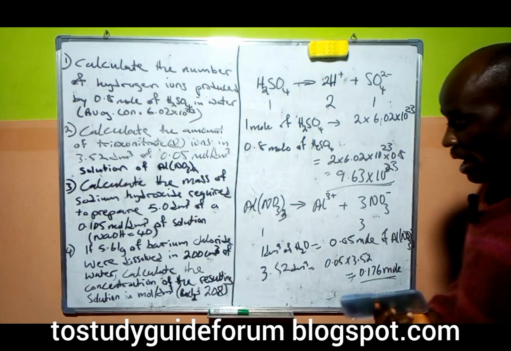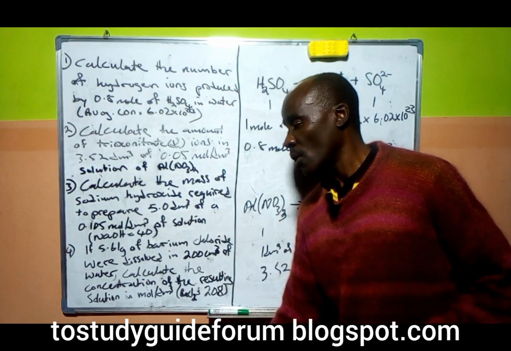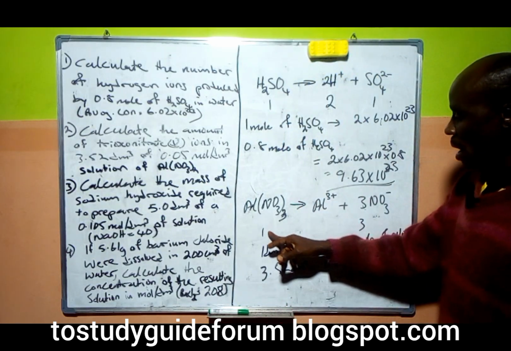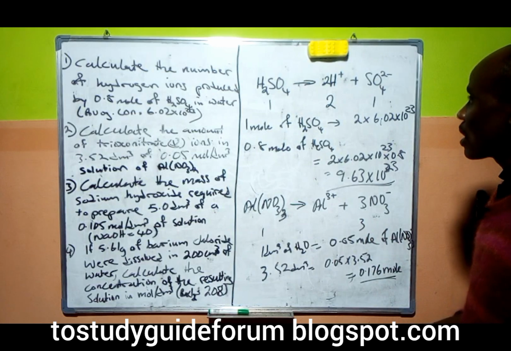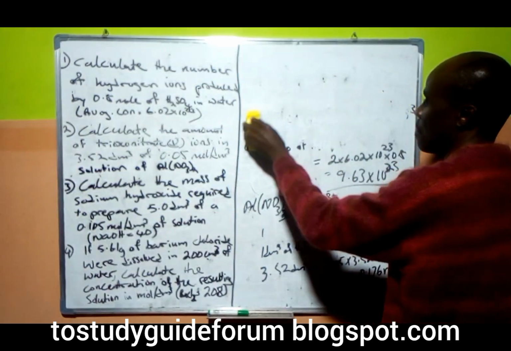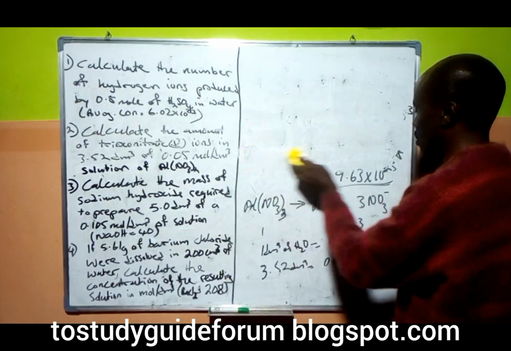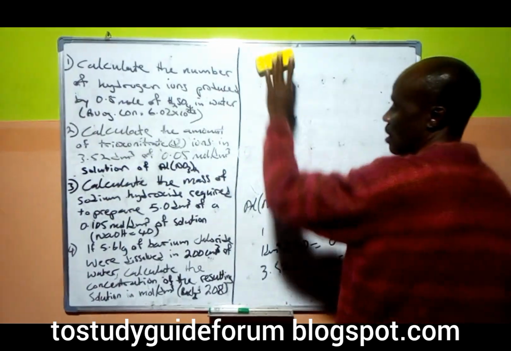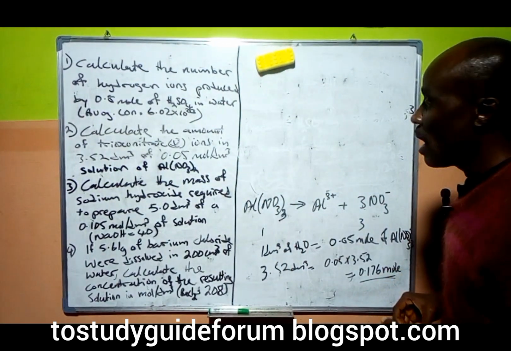But that's not what we are looking at. Based on what we have here, 1 mole will give us this. So we can still go back to the same method that we used here, but a bit different in the sense that we're looking for only the amount of the ions.